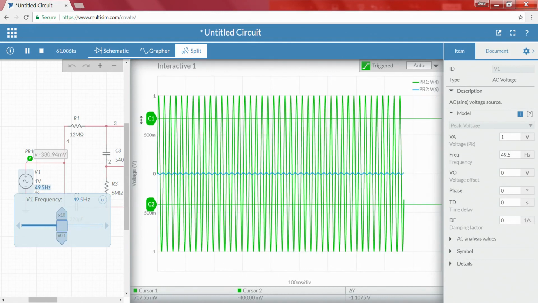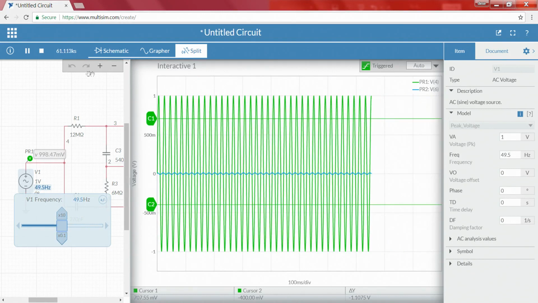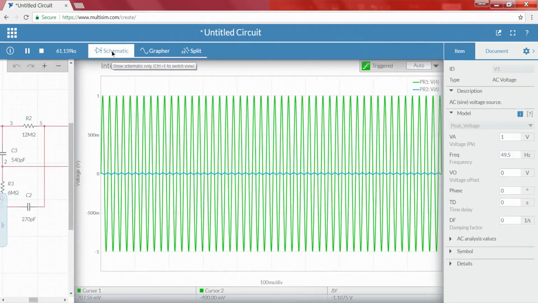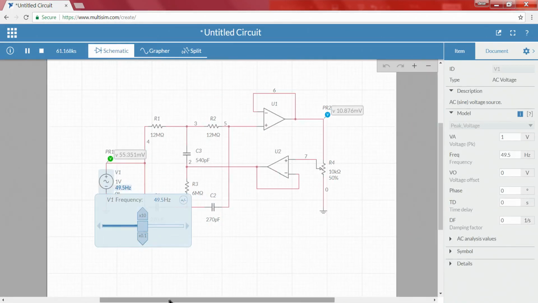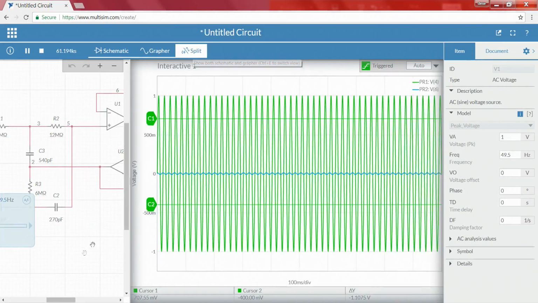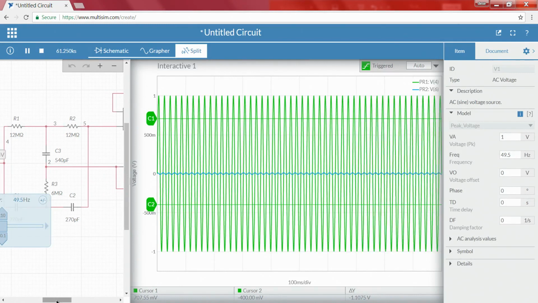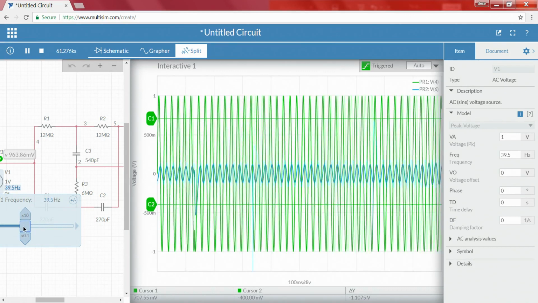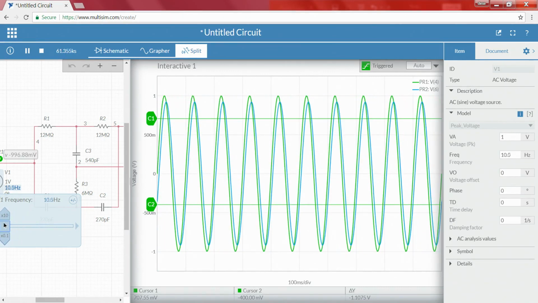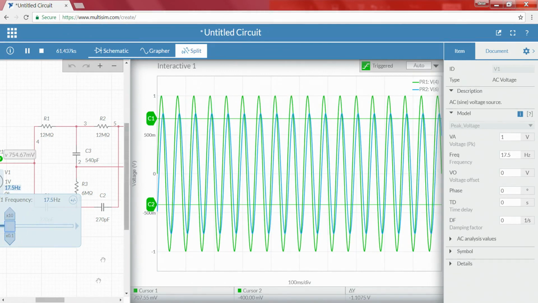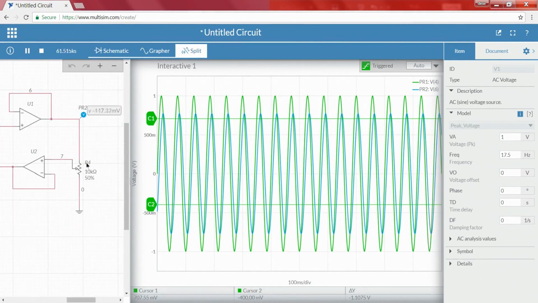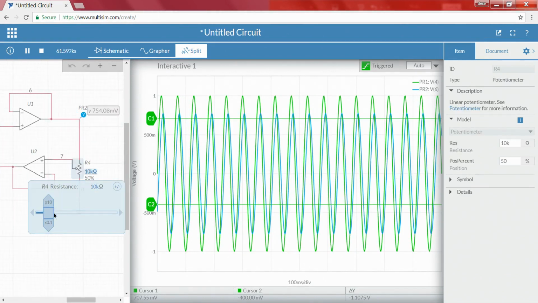Now, what is the purpose of the op amp that we have seen here? To understand that, we will keep one particular value. Yeah, we will consider this one. Now, we will change this particular resistance.